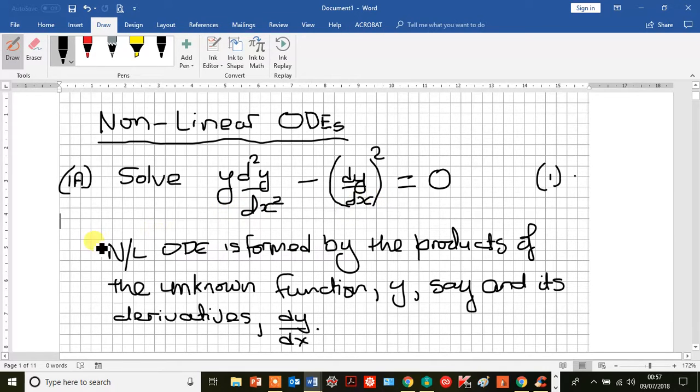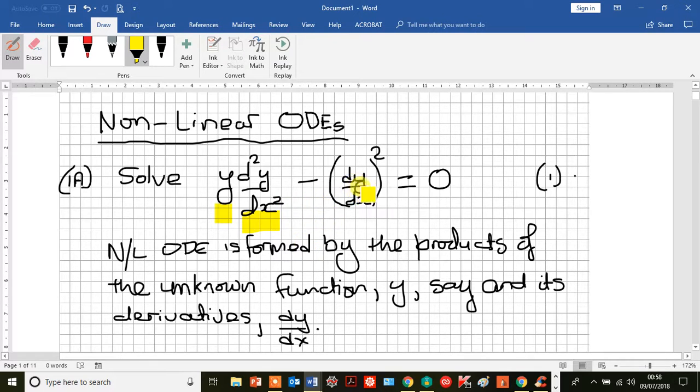As I've written here, a non-linear ordinary differential equation is formed by the product of the unknown function y, so we've got a y term here, and its derivatives, for example, in this case, d squared y by dx squared.